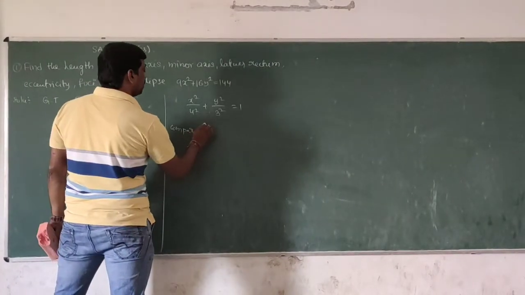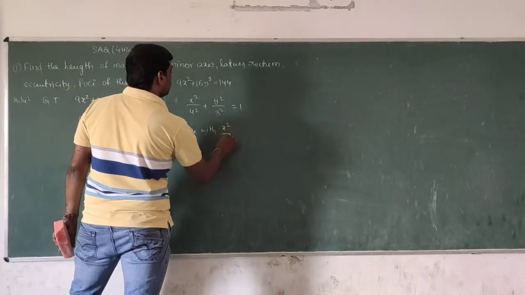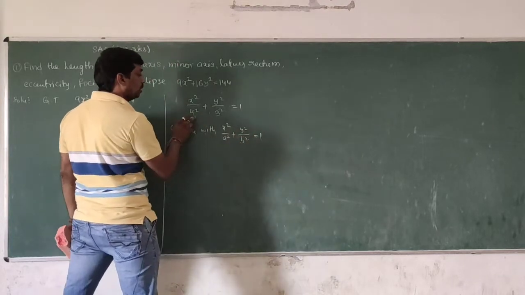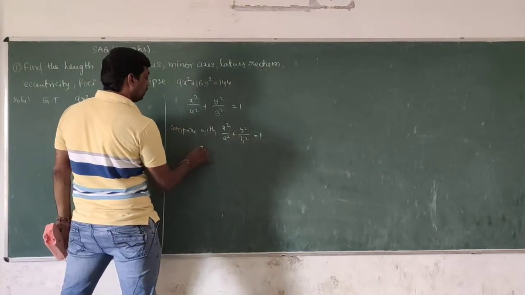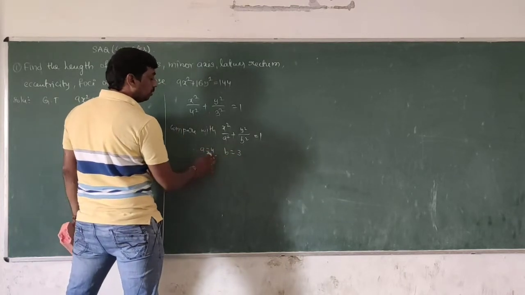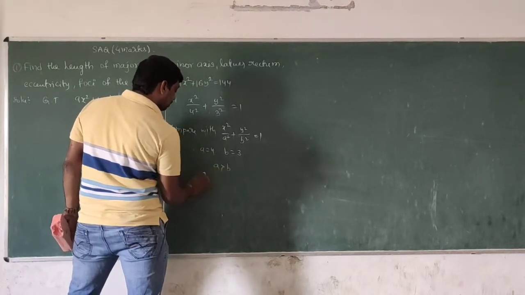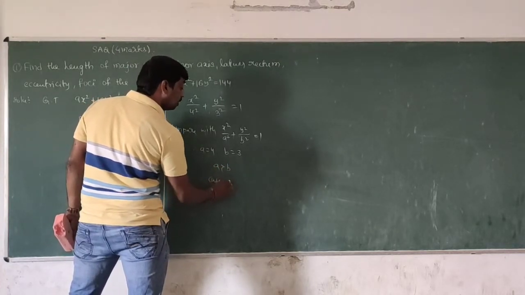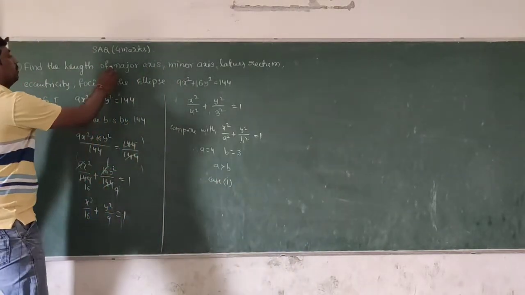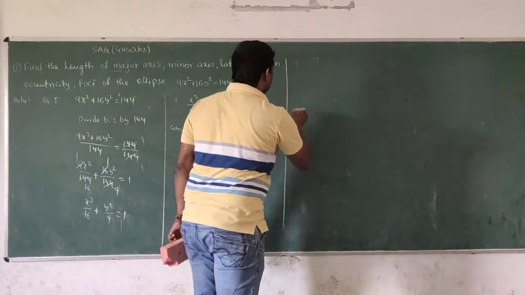So compare with the standard form x square by a square plus y square by b square equal to 1. So here a square equal to 4. Therefore a value 4, b value 3. Clearly 4 is greater than 3. Therefore a greater than b. Therefore case 1. Very good. Okay. What else? Here major axis. Length of major axis. Okay.